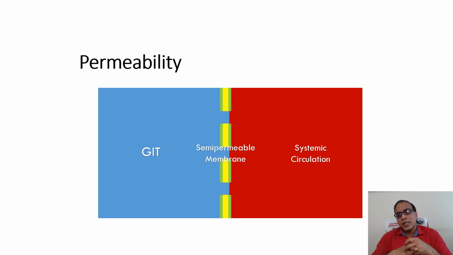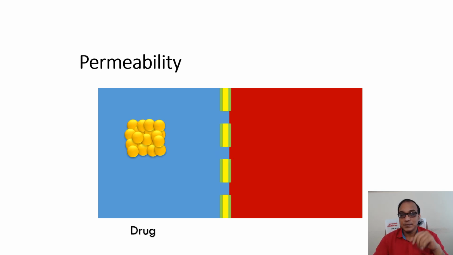Now, permeability. As we see, when the drug goes into the GIT, passing across the biological membrane needs permeability properties. As we have already studied, drug permeation follows the dissolution profile.